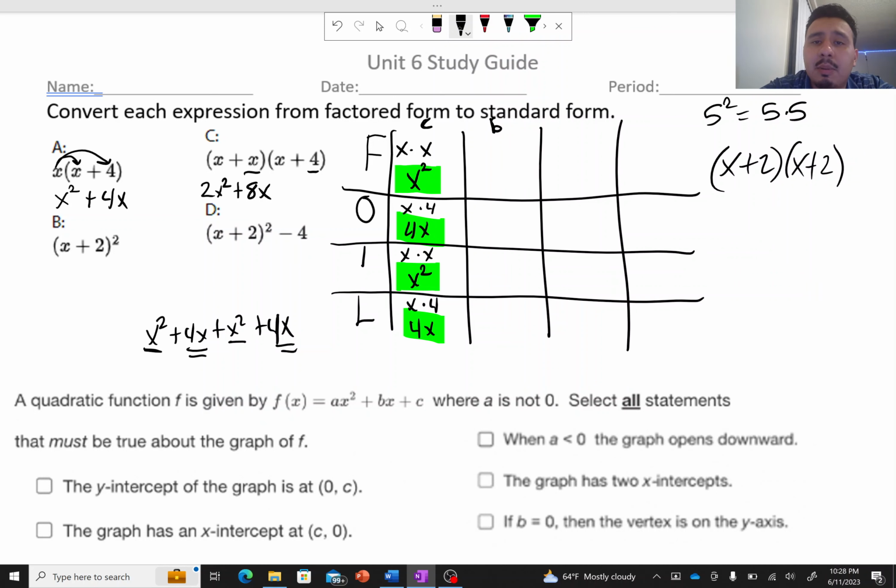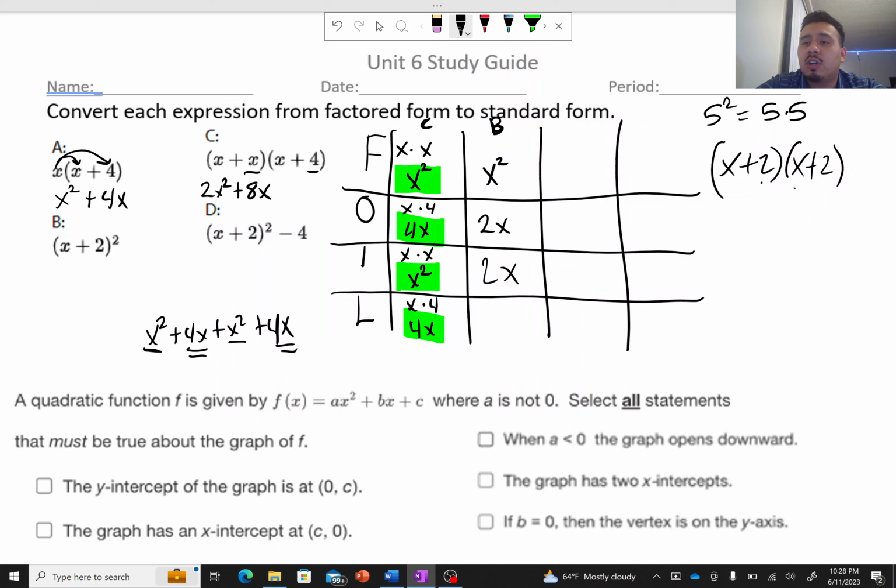So this is going to be our FOIL for B. Let me make it a capital B so you're not confused. All right, the first terms are x times x, that gives me x squared. The outer terms are x times 2, that is 2x. Next, the inside terms, 2 and x, give me 2x.